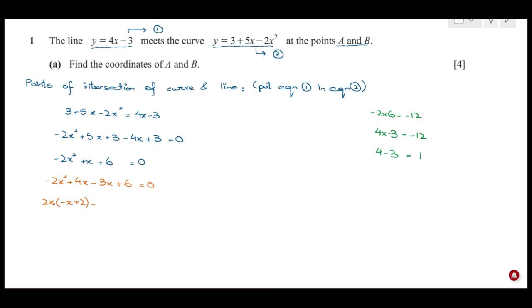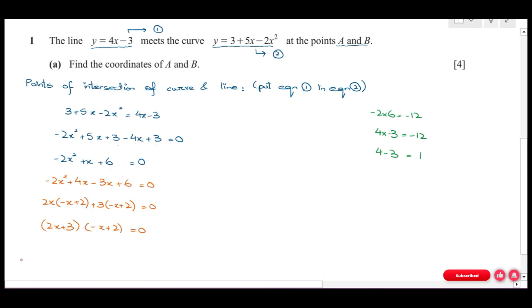So now if you are just taking the positive number, this bracket also stays the same. So take 3 common, so minus x is left, and 3 times 2 is 6. Now you can see the factors inside the brackets are equal. So the two factors are 2x plus 3 is one factor, and minus x plus 2 is the other factor. Put this equal to 0.